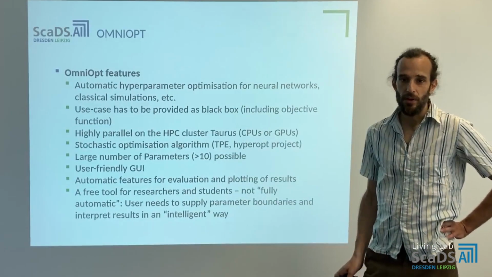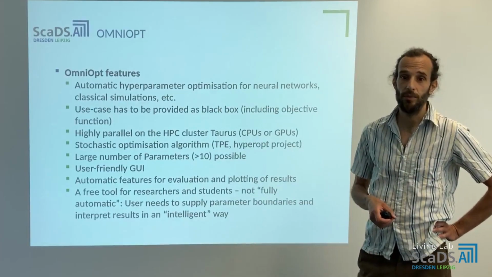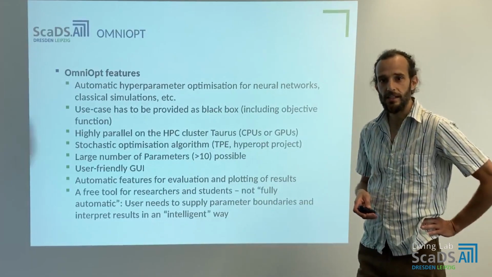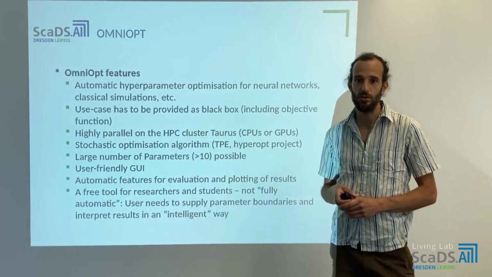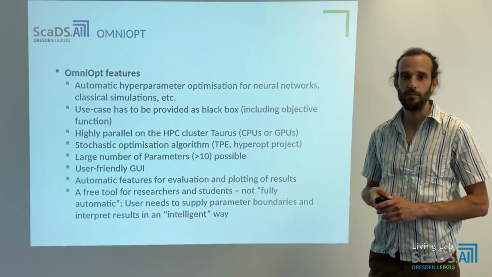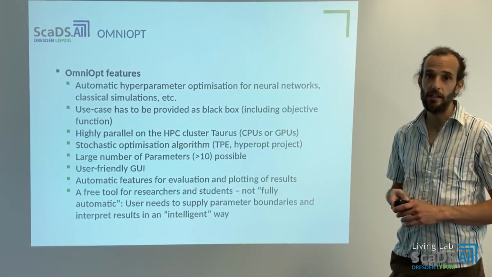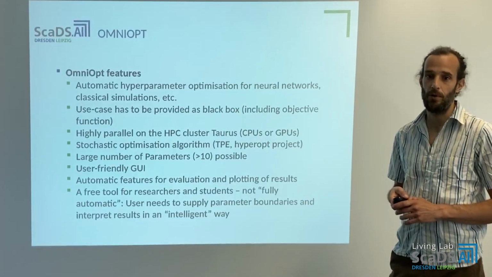So now I'm going to talk about the special features of our tool OmniOpt. As already said, it's a hyperparameter optimization tool for neural networks and classical simulations. The use case, of course, has to be provided by the user as a black box.